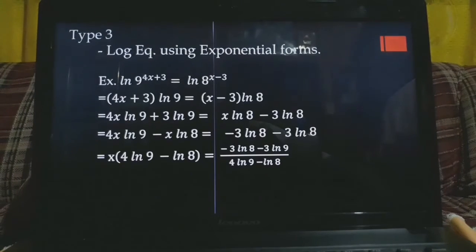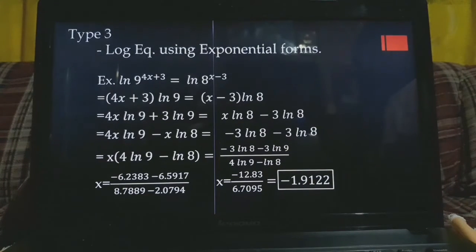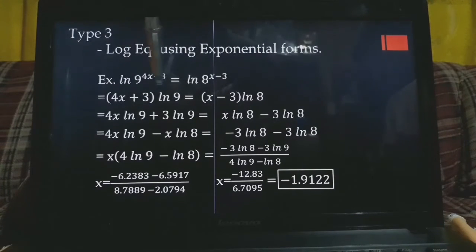Next, type 3, log equation using exponential forms. Example, natural log of 9 raised to 4x plus 3 is equal to natural log of 8 raised to x minus 3. So remember that the power must be written before the natural log. So it will become 4x plus 3 times natural log of 9 is equal to x minus 3 times natural log of 8.